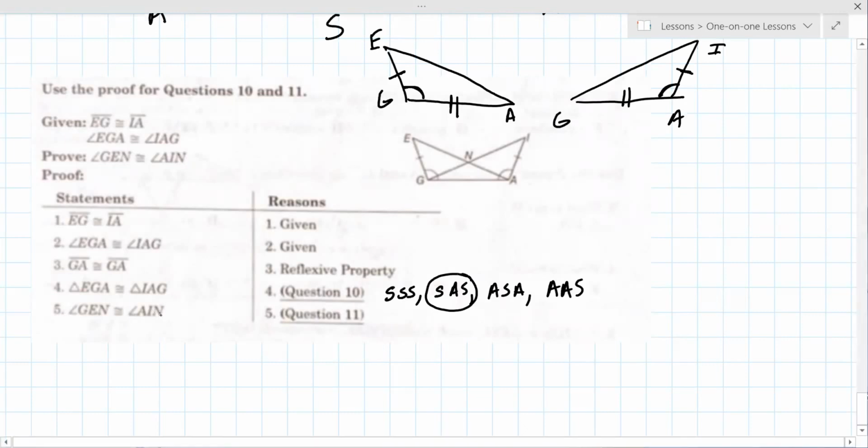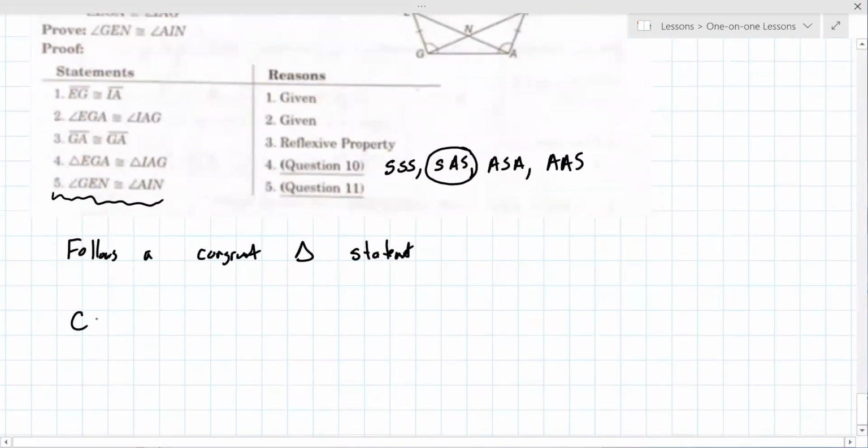Now, this next step, number 5, almost always follows a congruent triangle statement. You probably heard this in class or saw this. It's all these letters: CPCTC. That's short for corresponding parts of congruent triangles are congruent. I hope you've seen that.